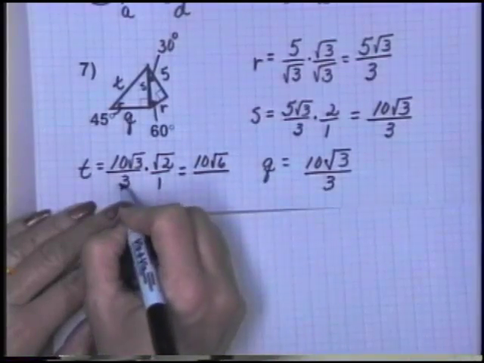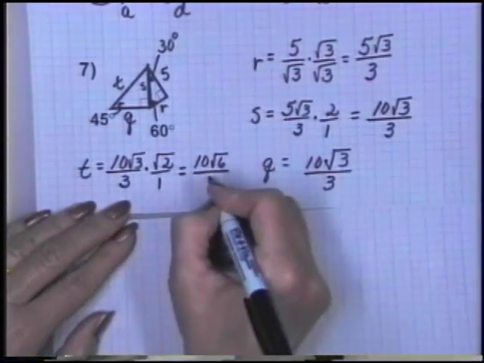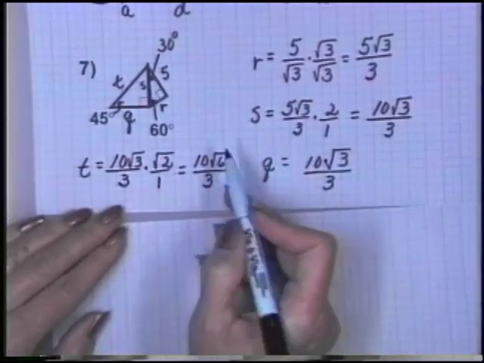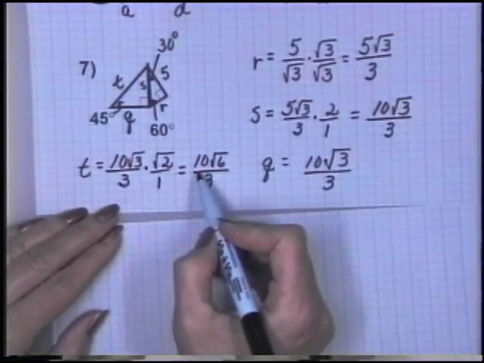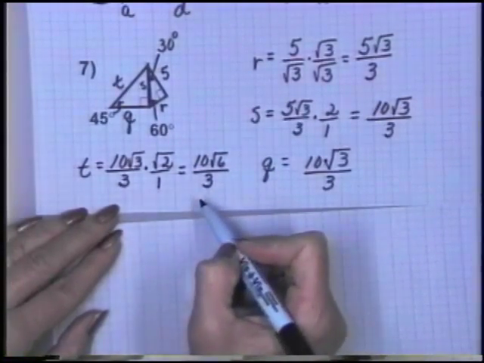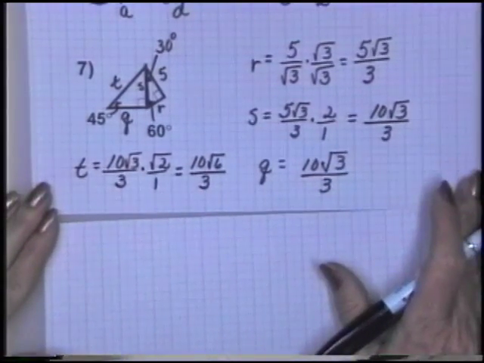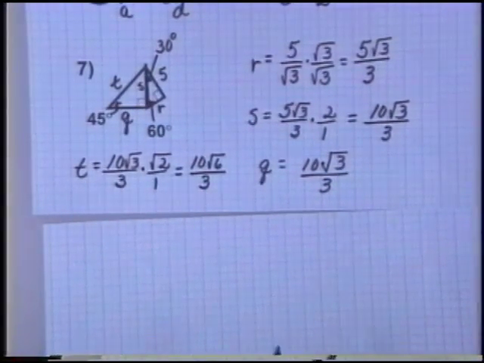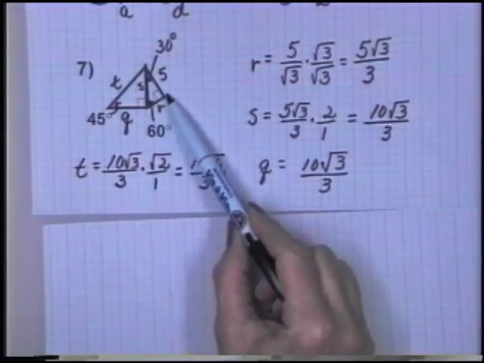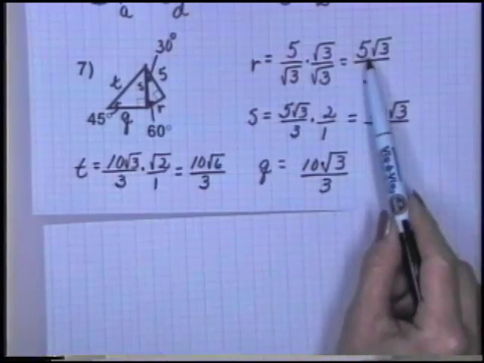The square root of 3 times the square root of 2 is the square root of 6. And then in the denominator, 3 times 1 is 3. Now, if we had a common factor for 10 and 3, we could divide out that common factor, but we do not. So I think we've found the things that we need to find for this last problem.